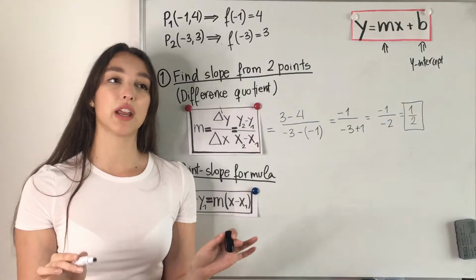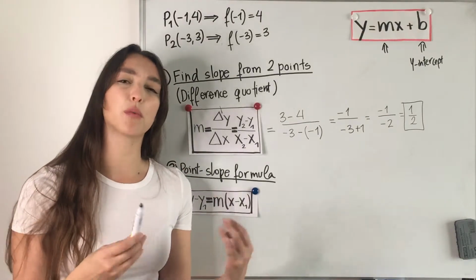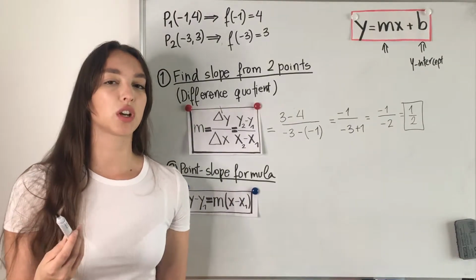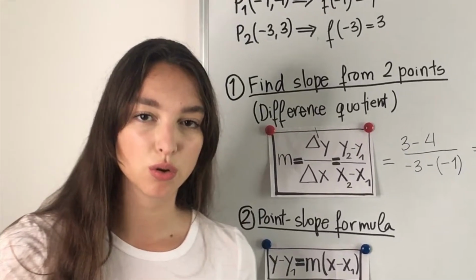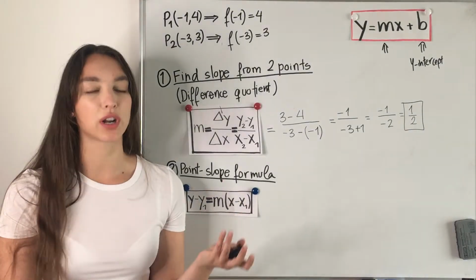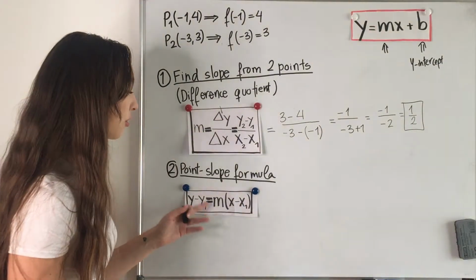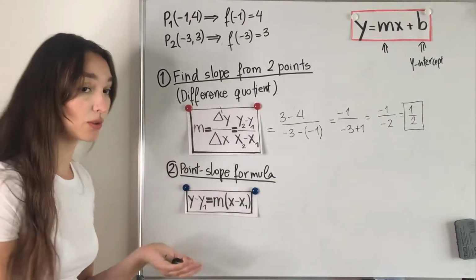Now, I don't like when you guys or anyone in general just memorizes formulas, just because your brain can trick you. I'd rather you understand what you're doing than memorize a lot of stuff. And this formula is not just another formula. It's a formula that comes from this one.